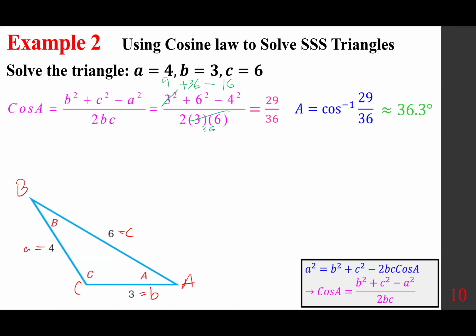So if A is 36.3 degrees, put it there. Now let's move on to another one. So if I want cosine of, let's say, B, then basically this changes to a squared plus c squared minus b squared. You interchange these two in essence, over 2ac.